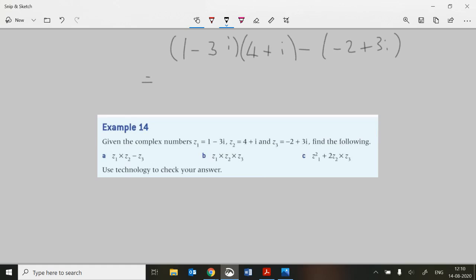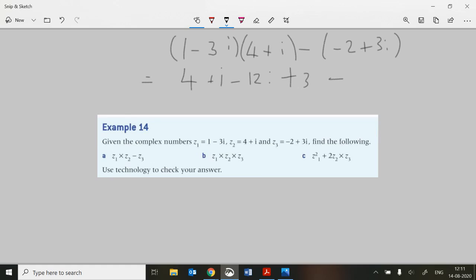So multiplying this first one out, we're getting 4 and -12. Put the other way around, let's do this times this. i, and then plus i, and then -12i. And then we've got 3i times i gives us -3, and the minus there is going to bring that back to +3. Because of course, -3 times +1 gives us -3, but then we need to change the sign, because there's an i times an i.